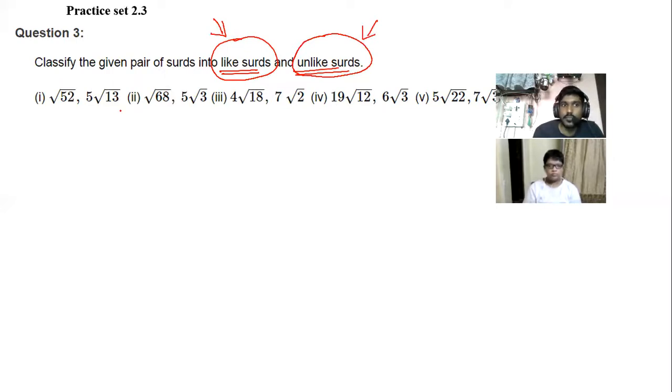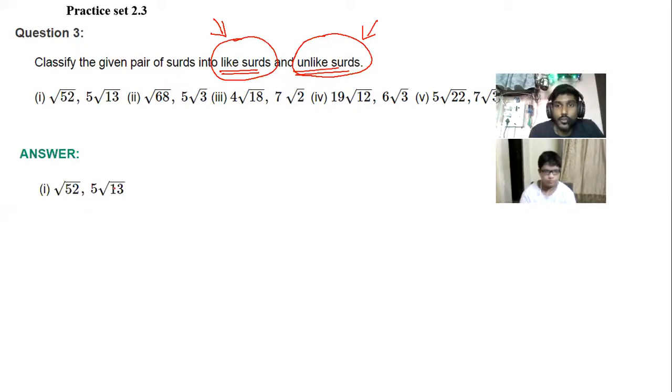Now, if you see the very first one, looking at it, you will say that they are unlike surds. But first you have to do the simplifying. You have to reduce the surds and then look at it and say whether it is like or unlike. Fine? Now, let's start with the first one.